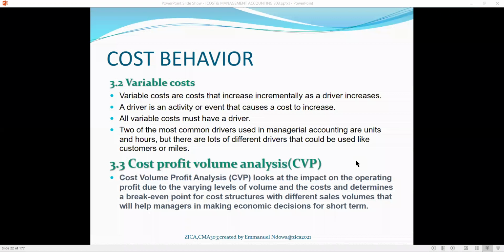The break-even point is the point where there are no profits and no losses. That's the point management is interested in, so we need to reckon that break-even point. We also need to see how we calculate the break-even point. So that's the essence of the cost volume profit analysis.